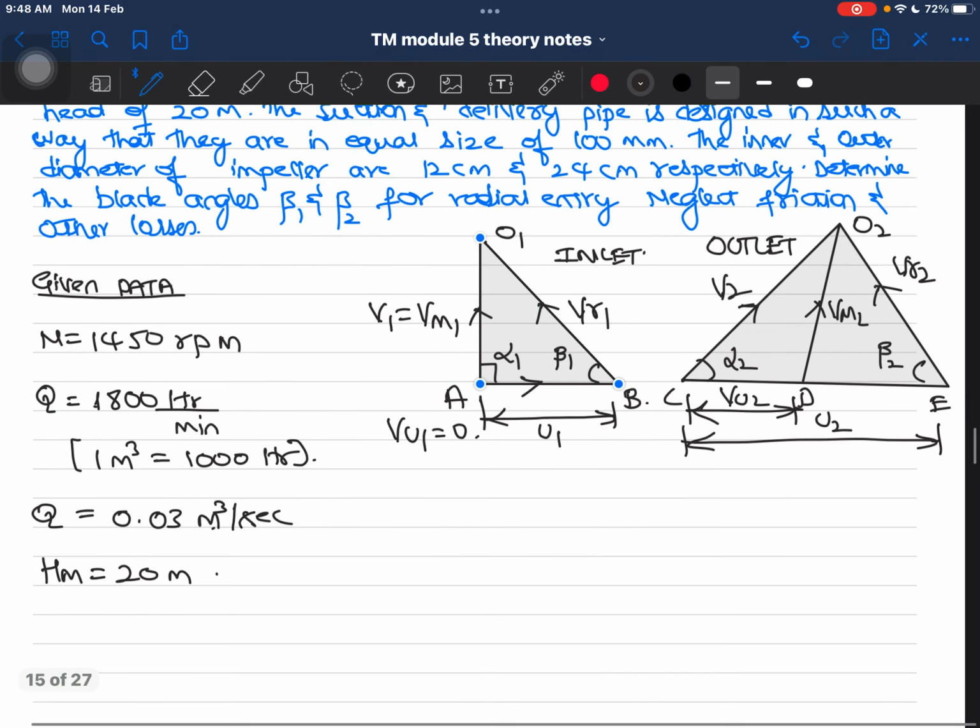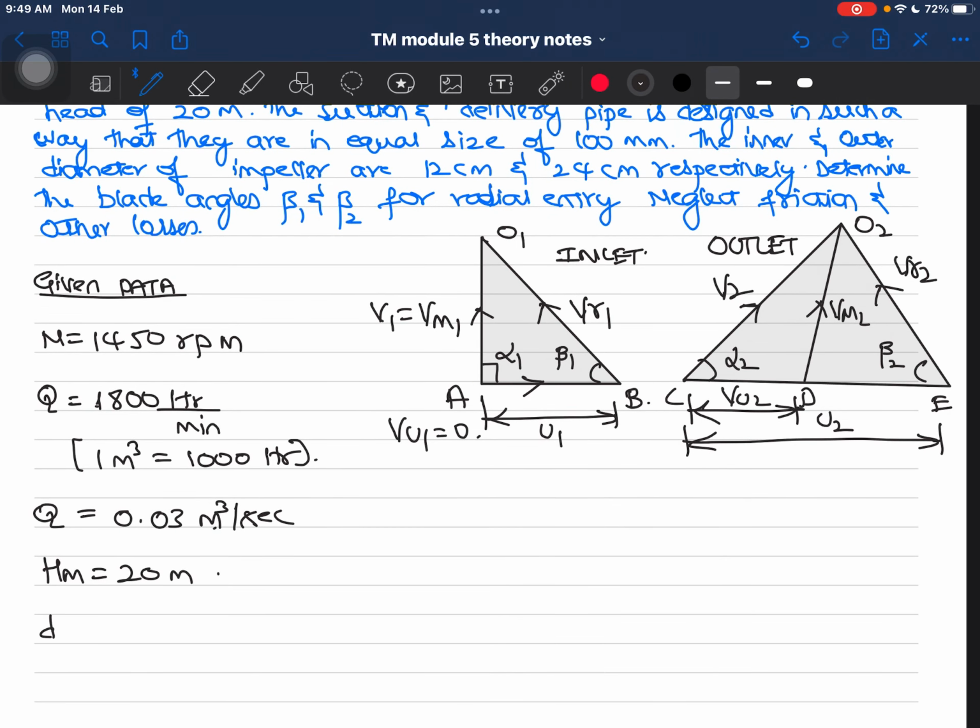So the diameters of the suction side and the delivery pipe are both the same, 100 mm. So I would write it as 0.1 meters. Both ds and dd, that is, the diameter of the suction pipe and the diameter of the delivery pipe, are 0.1 meters.